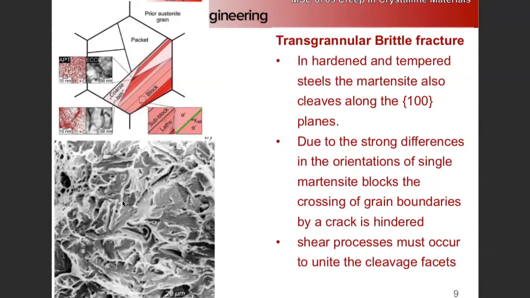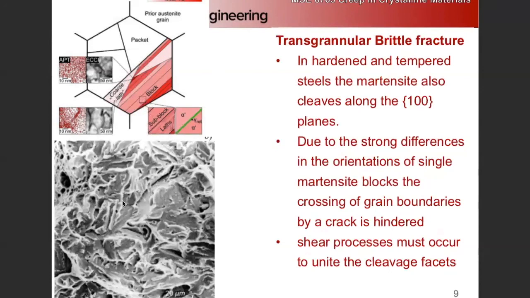Right. In martensitic steels, hardened and tempered, right? So in this case, we go from FCC, we cool down. We don't have time for the carbon to diffuse away if we cool quickly, right? So we go martensitic to a BCC or BCT structure, depending on the composition. And we have 24 variants of martensite for the one variant of austenite.